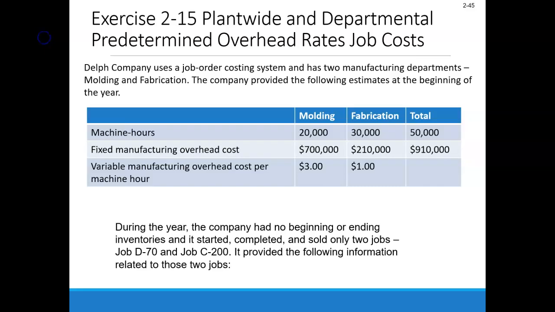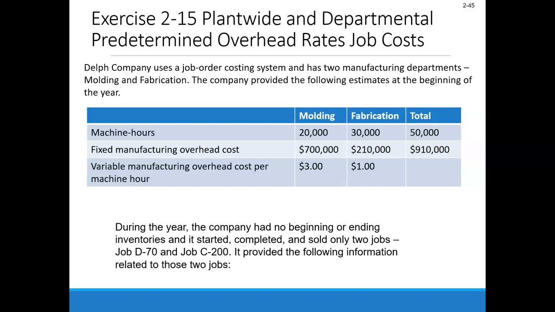In this case, Delph uses a job order costing system and has two manufacturing departments, molding and fabrication. The company provides these estimates. So you see, we've got our machine hour estimates, our fixed manufacturing overhead estimates, and then variable overhead costs.